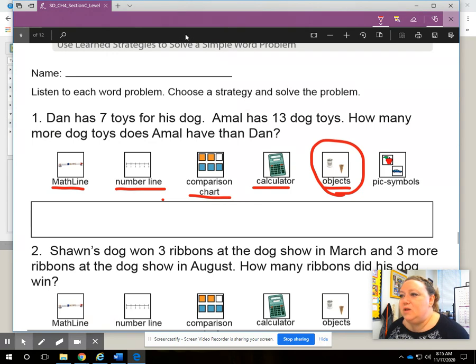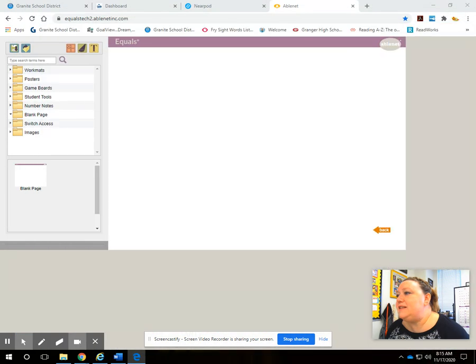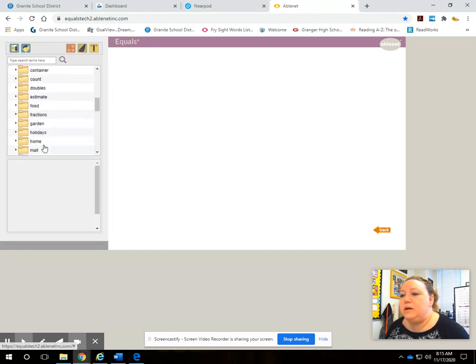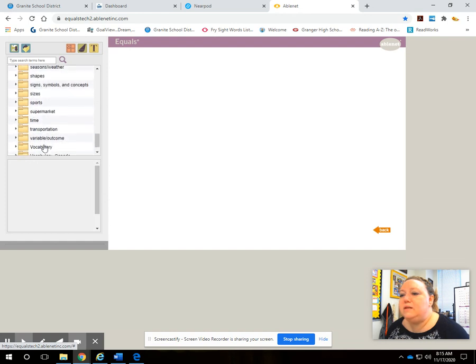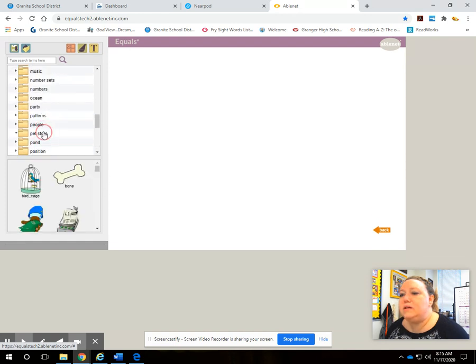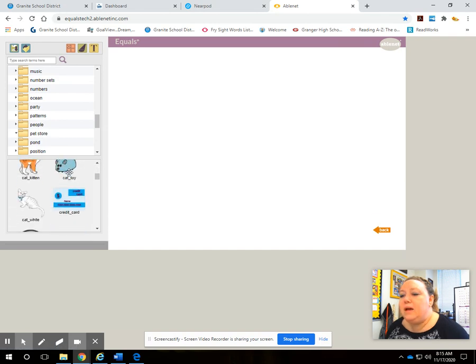So let's go ahead and go back to our theme. We know that we have 13 and 7. How many more does Amal have than the others? And let's find some dog toys in here. We need to find the pet store. Where is pet store? And dog toy.